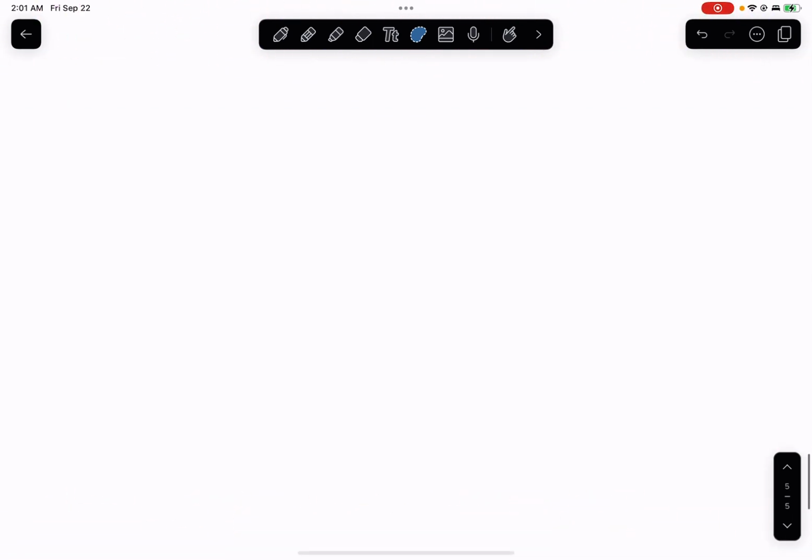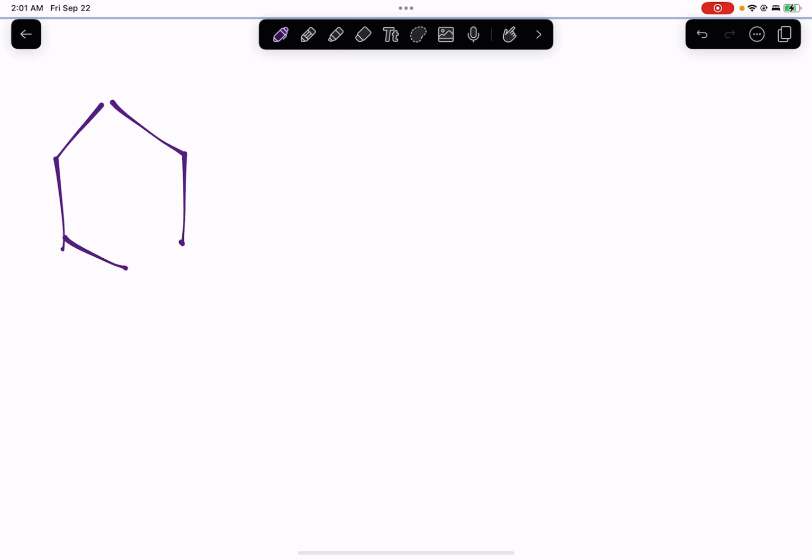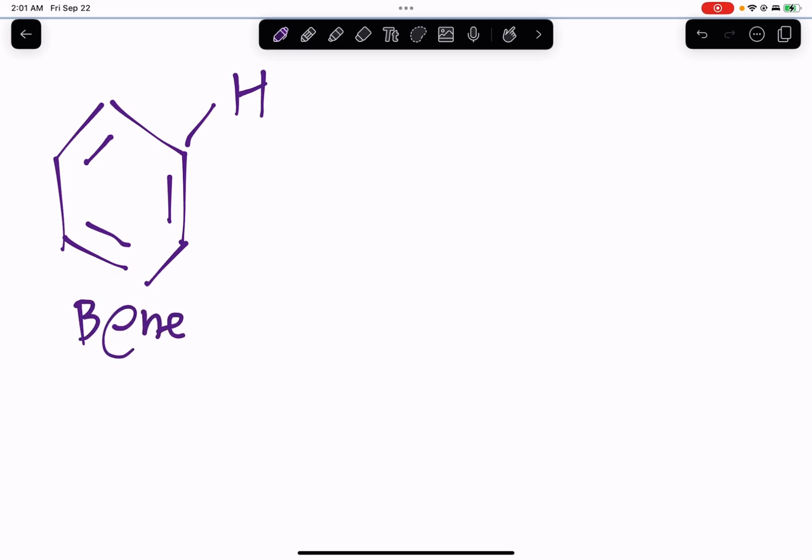If you've learned organic chemistry already, this is just a recap. You must know what this is: benzene, exactly. This is the chemical structure for benzene.